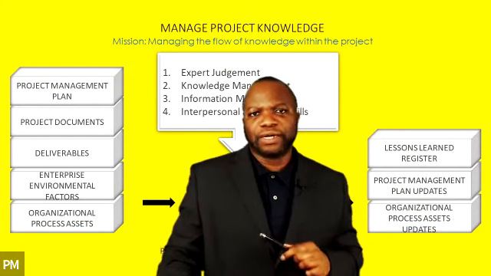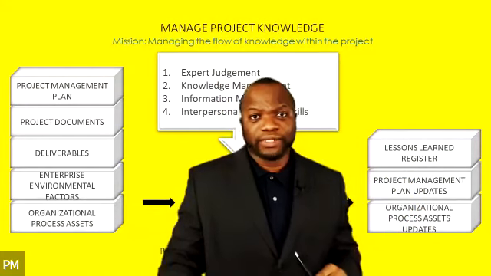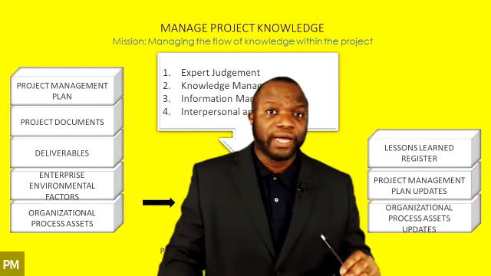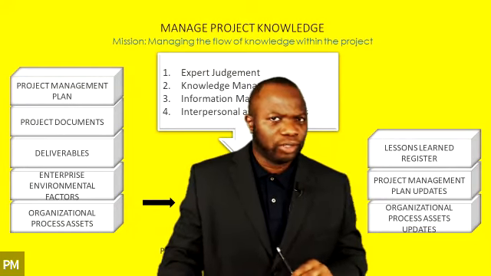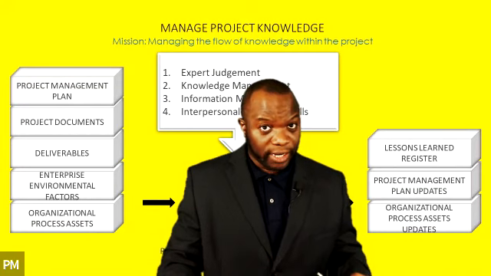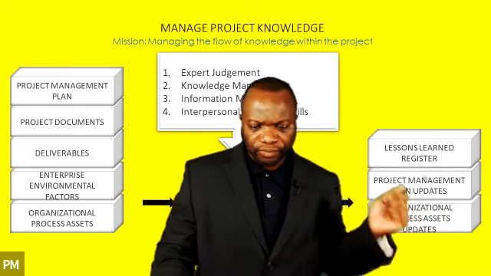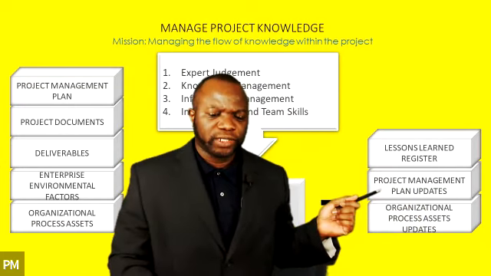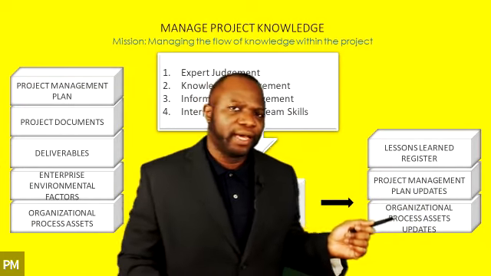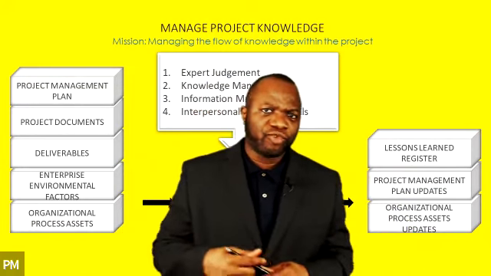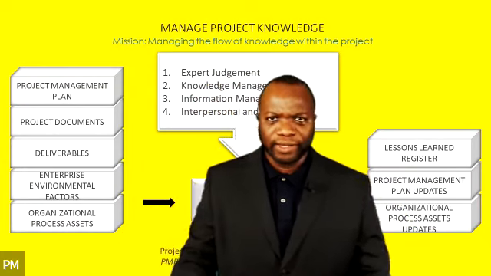The lessons learned register is a register of lessons learned, things that you're cataloging because you did well and things you're cataloging because you did woefully. Lessons to be learned from those woeful performances. We also have the project management plan updates and OPA updates. We talked about this in the previous process, so there's really no need to dwell on this.